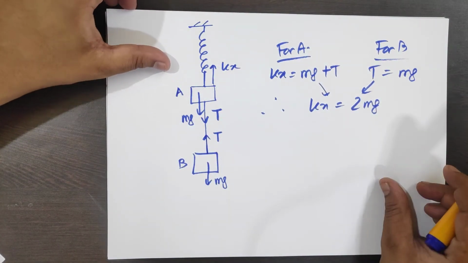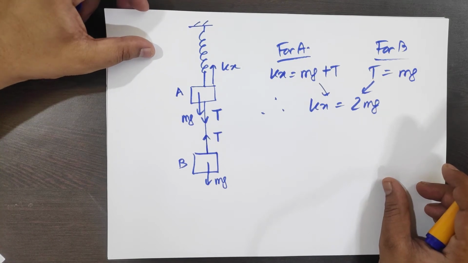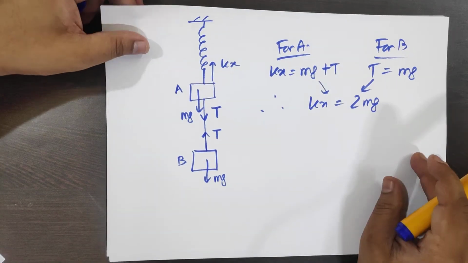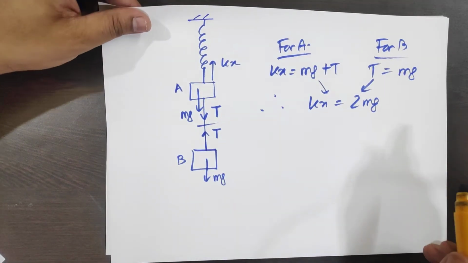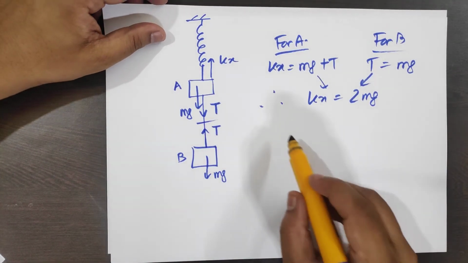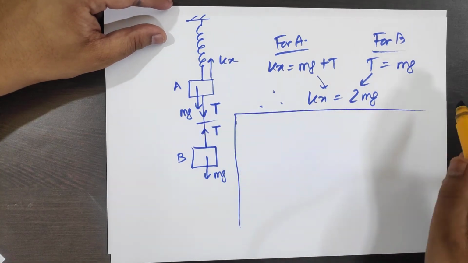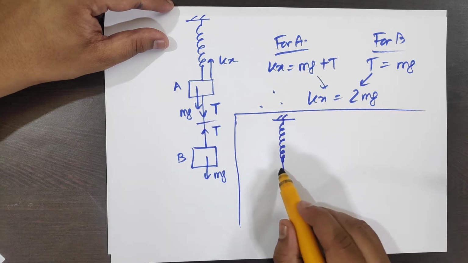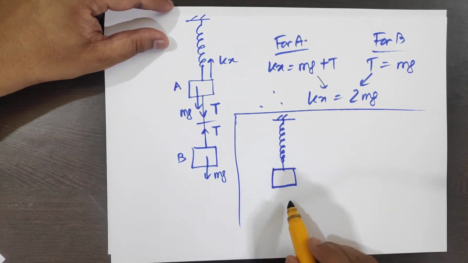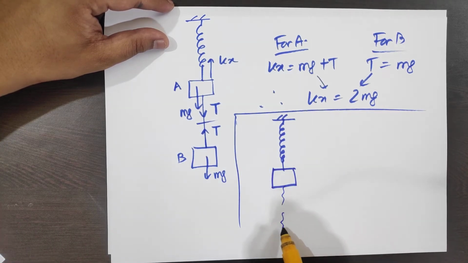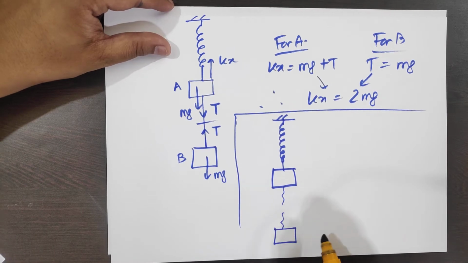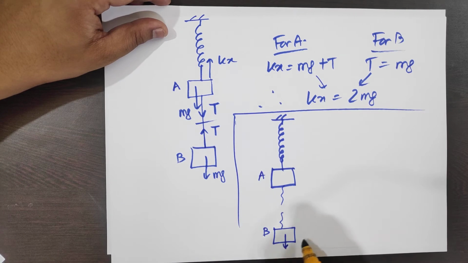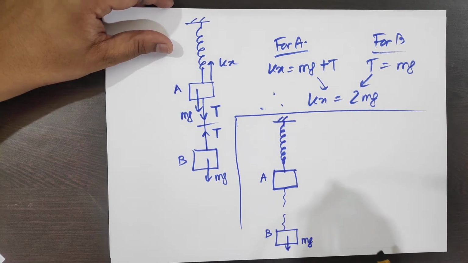Now find the acceleration of blocks A and B just after the connecting string is cut. What happens after the connecting string is suddenly cut? The string becomes slack, that is, the tension in the string becomes 0. So what is the force on block B? It is mg only.